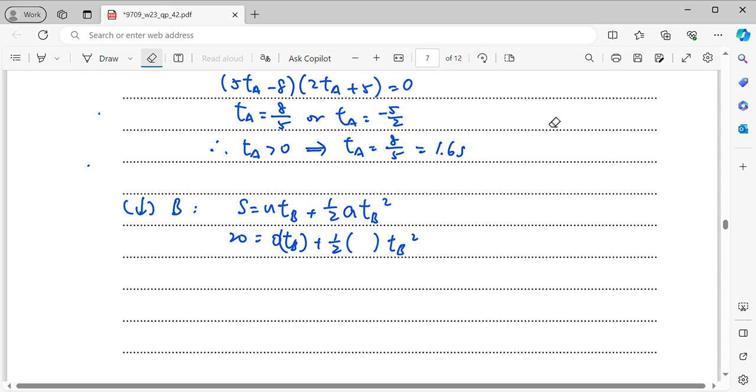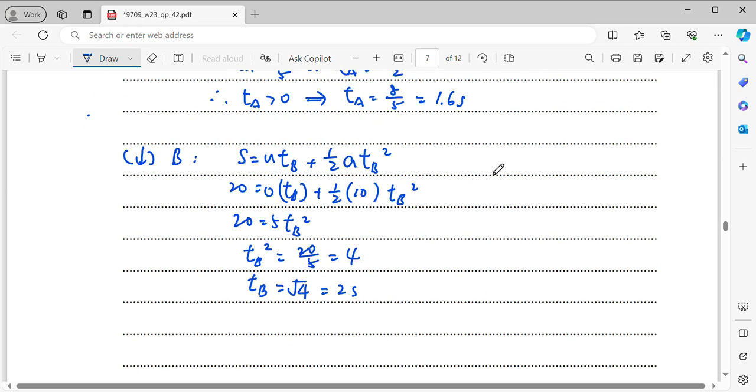Then from here, you will get the tB. Which means 20 is 5 tB squared. So tB squared is 20 over 5, which is 4. Therefore, tB is square root of 4, which is 2 seconds.